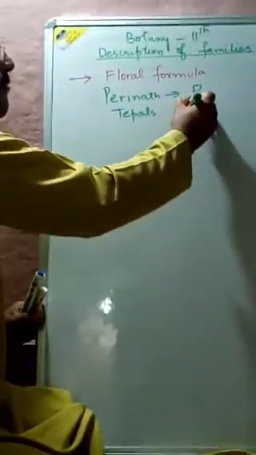Again here 5 means tepals are 5, they are free; if tepals are fused, then within the brackets.